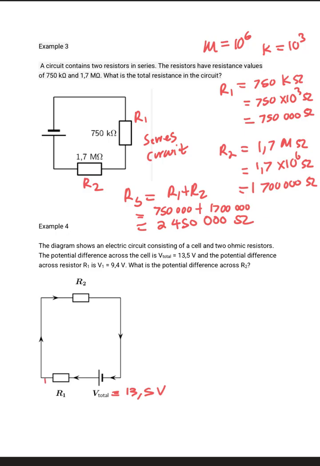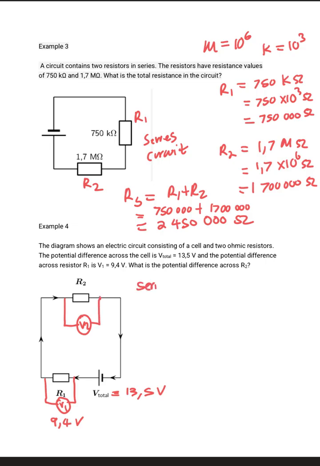If I use a voltmeter to measure it, this will be my V1, and V1 is measured to be 9.4 volts. Now we want to know the potential difference across R2, so we want to know V2.